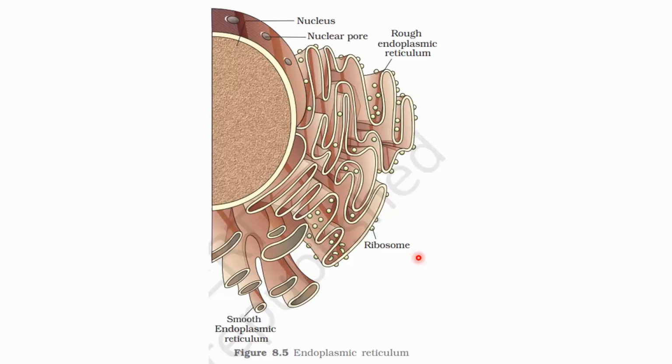The main function of the ribosome, as we saw in earlier lectures, is protein synthesis. It attaches to the mRNA and helps in protein synthesis. So the presence of ribosomes on the surface of the rough endoplasmic reticulum imparts the function of protein synthesis to the RER.